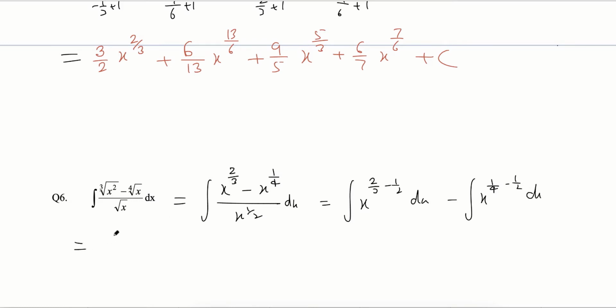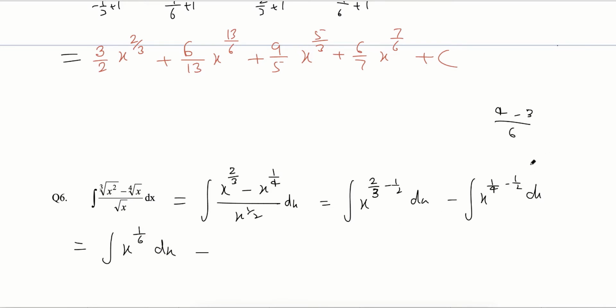So I can write x power, 3 and 2 LCM is 6, and that will be 4 minus 3, 1 by 6. Correct. 1 by 6, x power 1 by 6 dx minus.